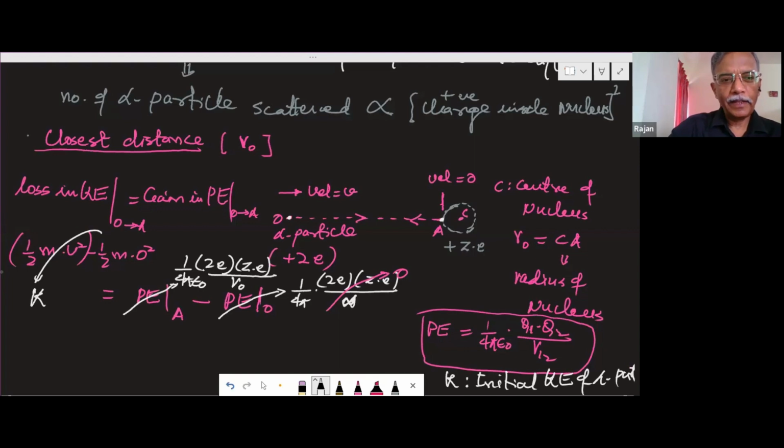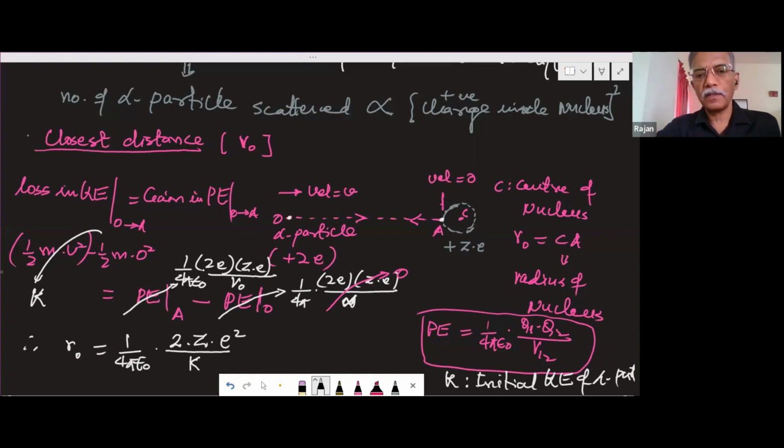So K will be this much. I'm interested in getting my R naught. So R naught is equal to, taking K to the other side, 1 by 4 pi epsilon naught, and then here it is 2 and then Z. Mind it, 2 and Z look similar, so you have to take care. 2 Z e square divided by K. Right, so this is the expression you get for the closest distance.